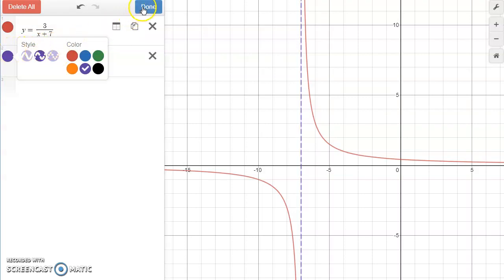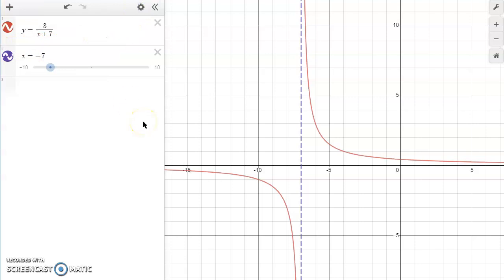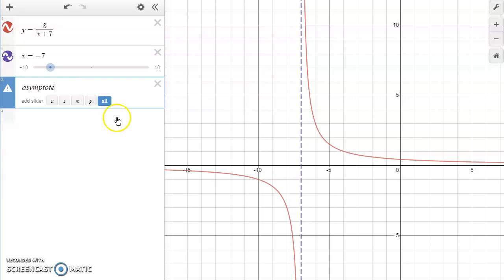This value for x equals -7 is called an asymptote. An asymptote is a special line that graphs approach but typically do not touch. As x gets bigger, the graph approaches this line but doesn't touch it. It goes down to negative infinity, then comes back and reconnects here.